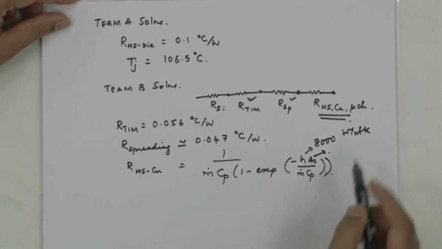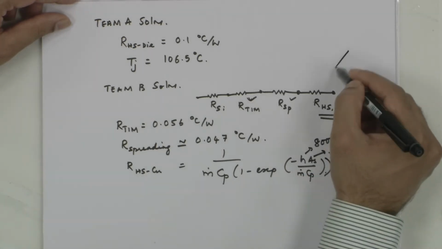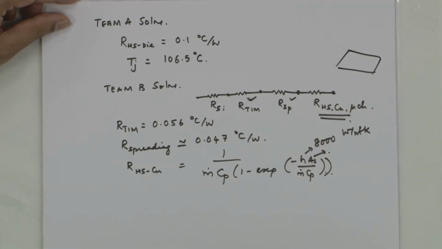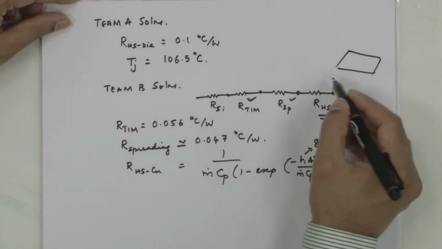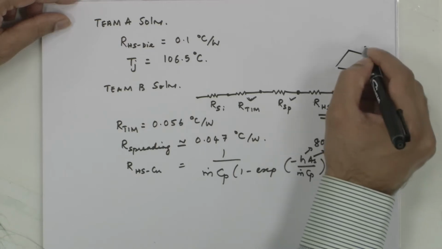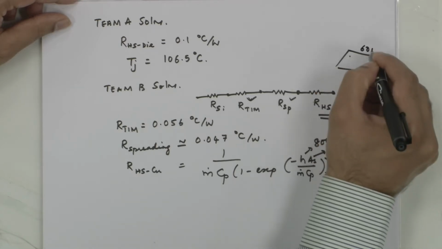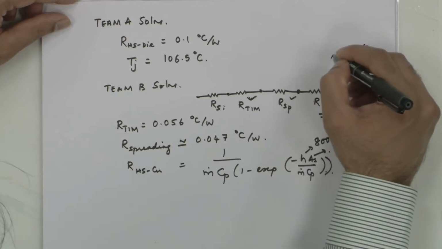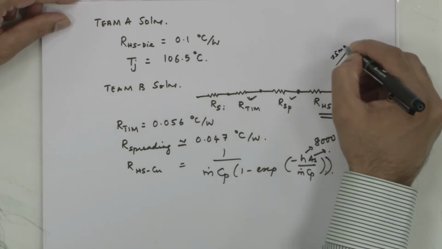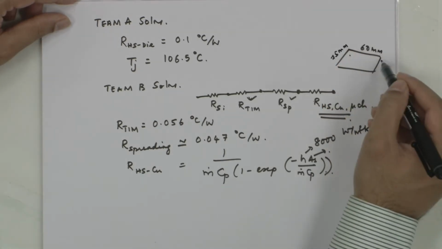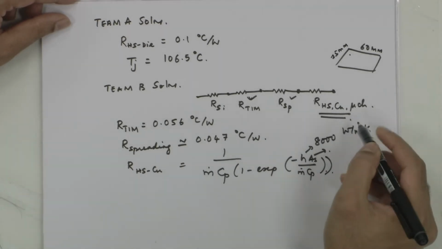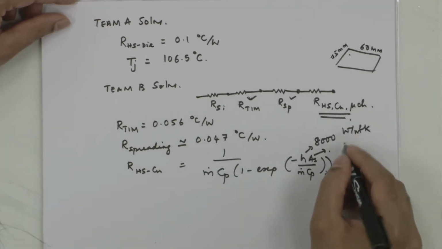Since the copper base is 60 mm in flow length and the width is 75 mm, the area is much higher, more than twice compared to the area of the silicon device.